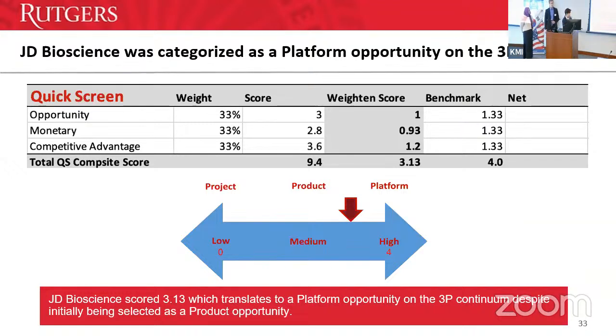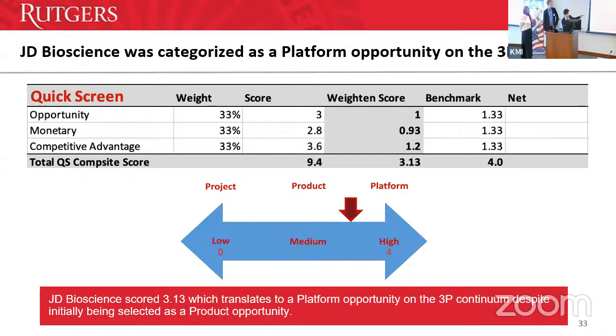Okay, and so what does that mean? Like, what does a total score of 3.13 out of 4 mean? And that was distilled down to being a platform opportunity on the 3P continuum. And this is remarkable and also outstanding because we initially selected JD Bioscience to be a case study for a product opportunity, which falls in the middle.